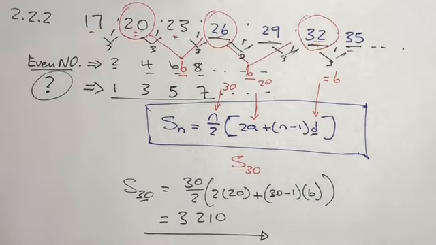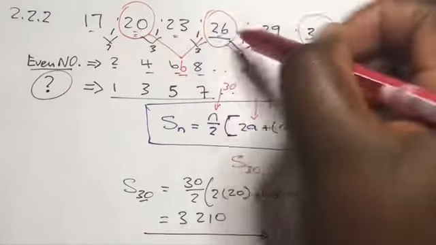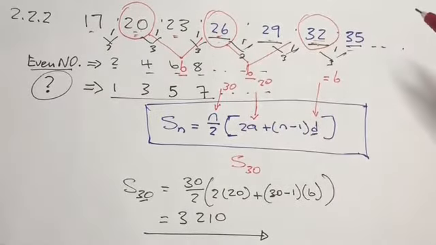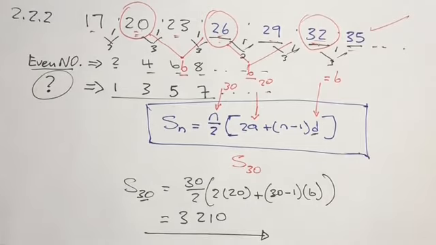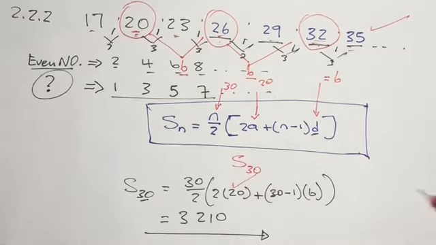Okay guys, so now I can quickly show you the marking part of this question. So let's see, you get your first mark from having extended this sequence with an extra 2 even numbers. So that's where you score your first mark. Then you score your second mark by being able to identify that this is your A. So we'll give you a mark for that.